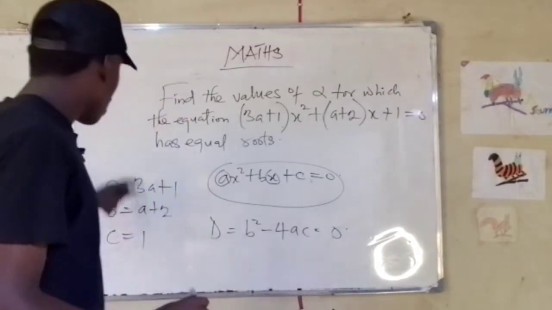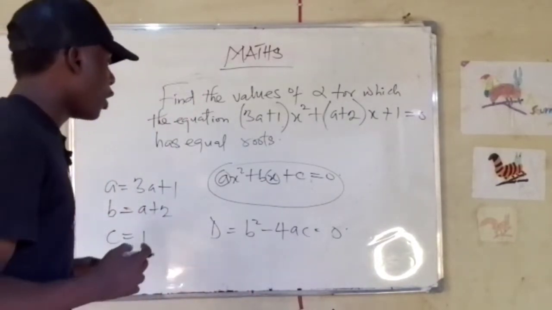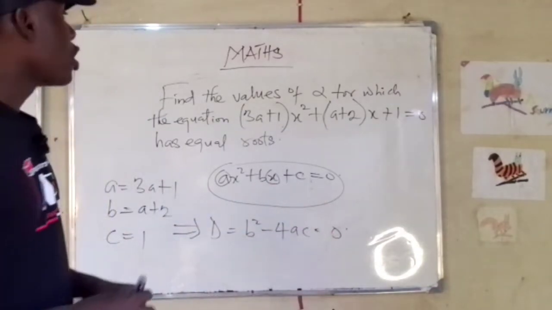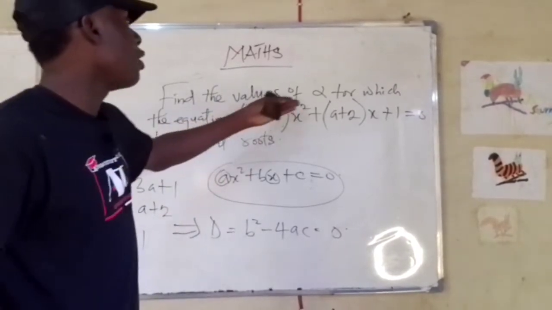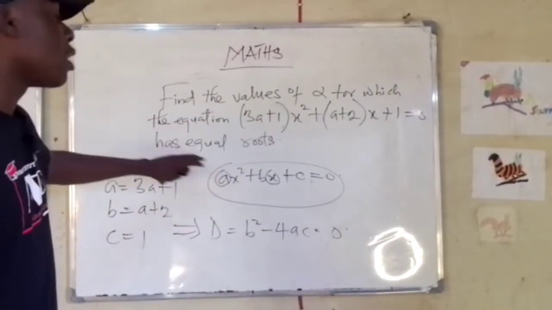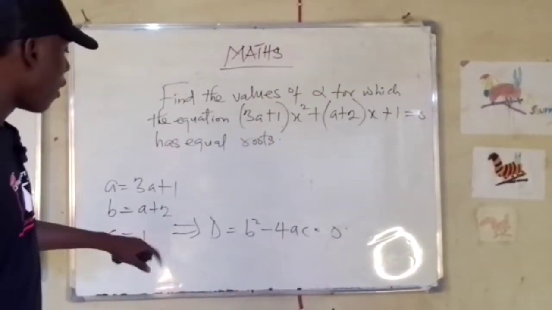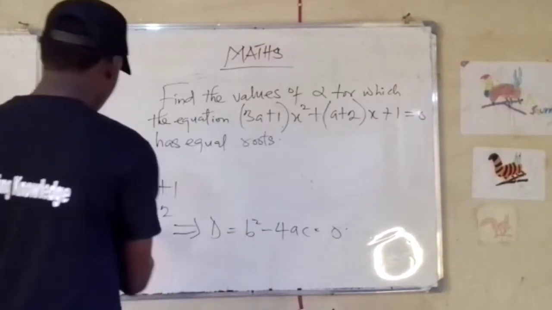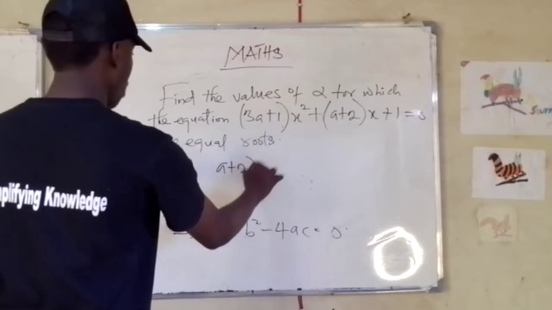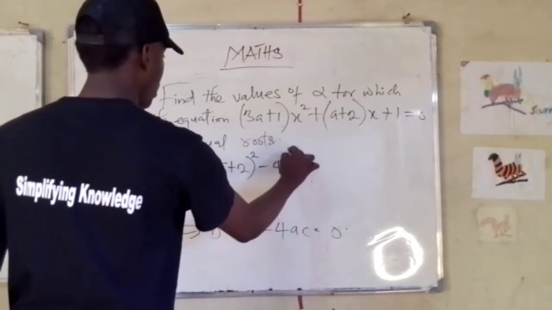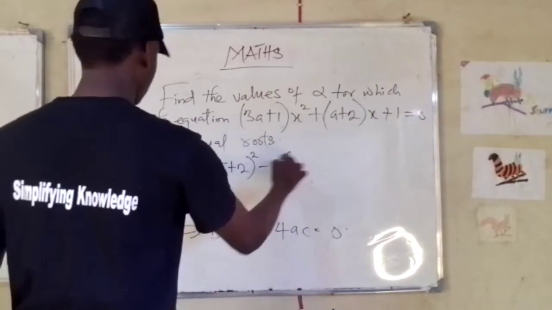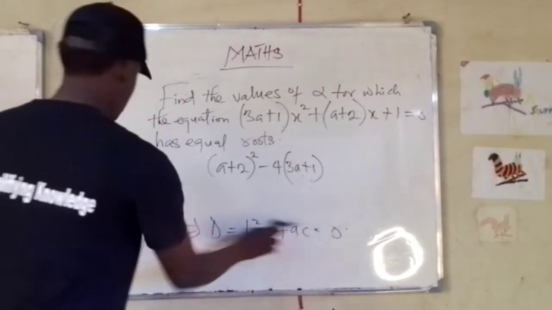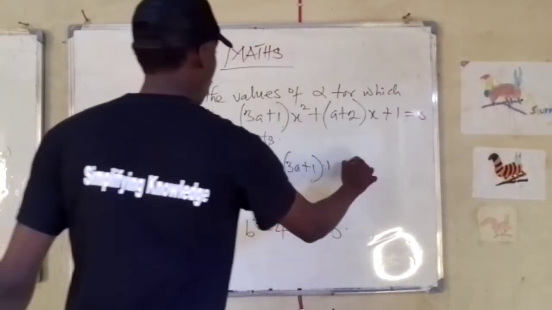So having extracted the values, I'm going to plug all of them into the discriminant of roots to find the value of alpha for which the equation has equal roots. So let's put the values into the discriminant. This is b squared, so this is a plus 2 all squared, minus 4 into a, which is 3a plus 1, then c is 1, times 1 equals 0.